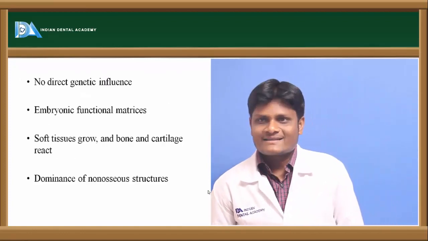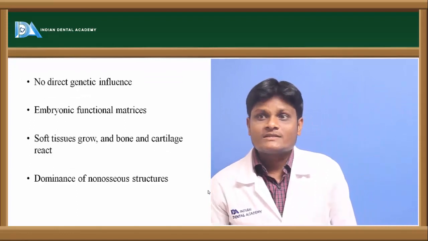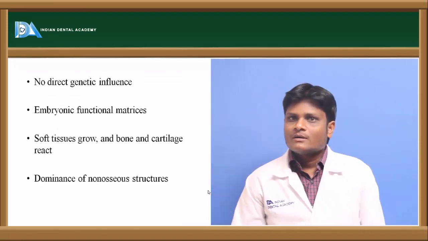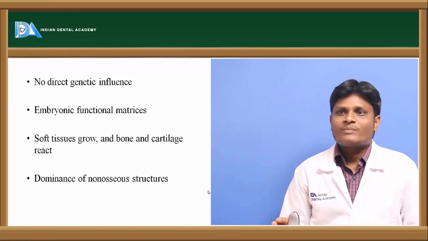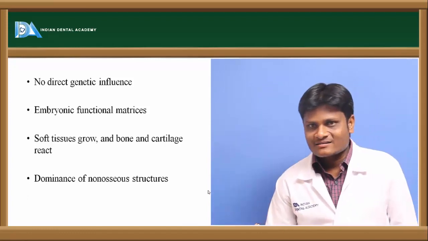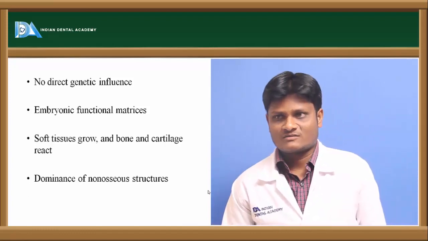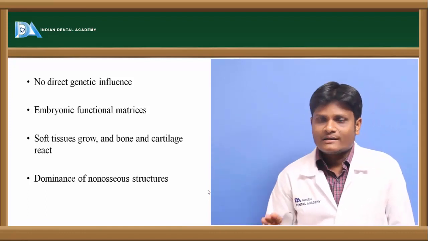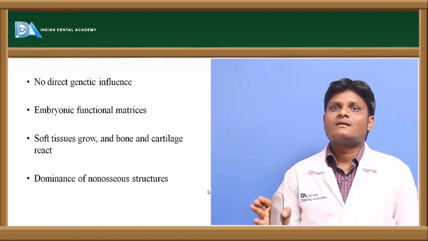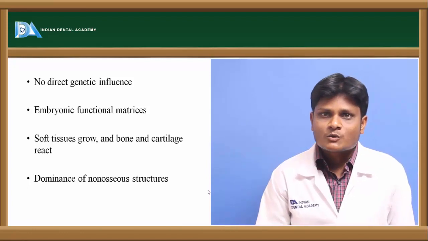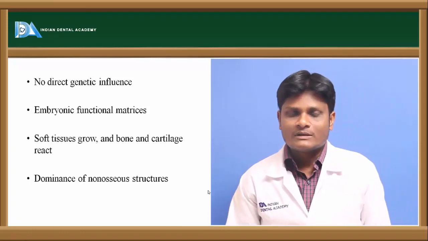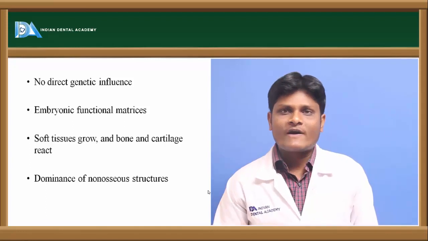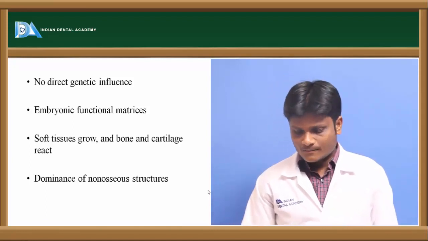This theory states that there is no direct genetic influence, and there is influence by embryonic functional matrices and non-osseous structures. Soft tissues grow first, later the bone and cartilage respond to the growth of the soft tissues. This is the statement of the functional matrix hypothesis.